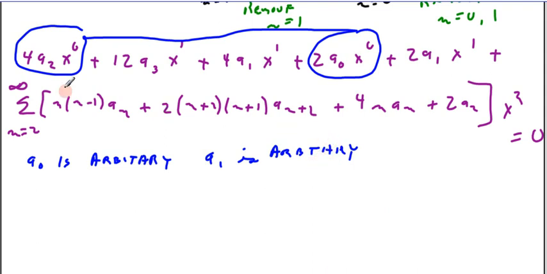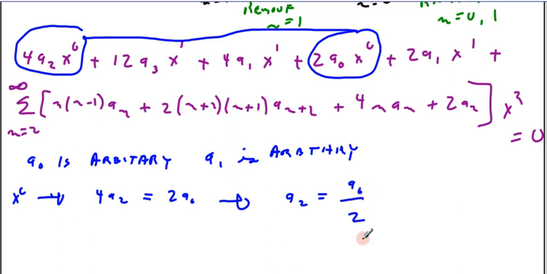And from the x to the 0 term, I know that 4a2 has to equal 2a0, which implies that a2 is equal to a0 divided by 2.